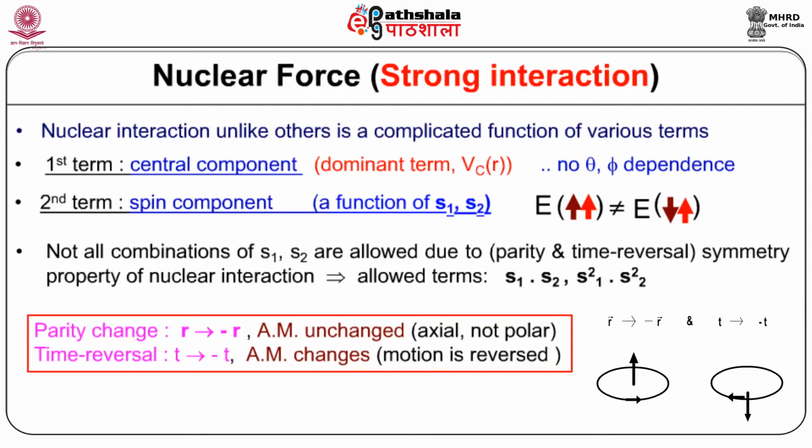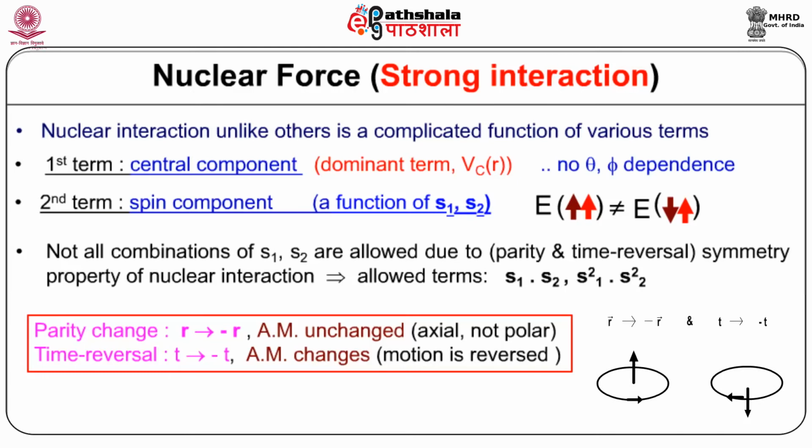So it's a function of S1 and S2, and this we can conclude from our observation that the energy E for a neutron and proton with parallel spin is not equal to E with antiparallel spin. So the first term is the central component, which doesn't have any dependence on theta and phi.